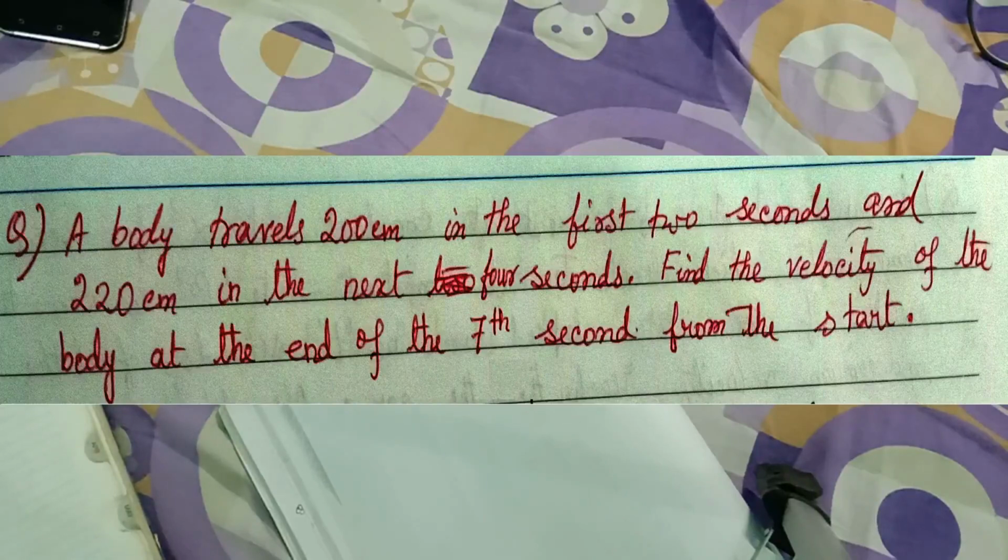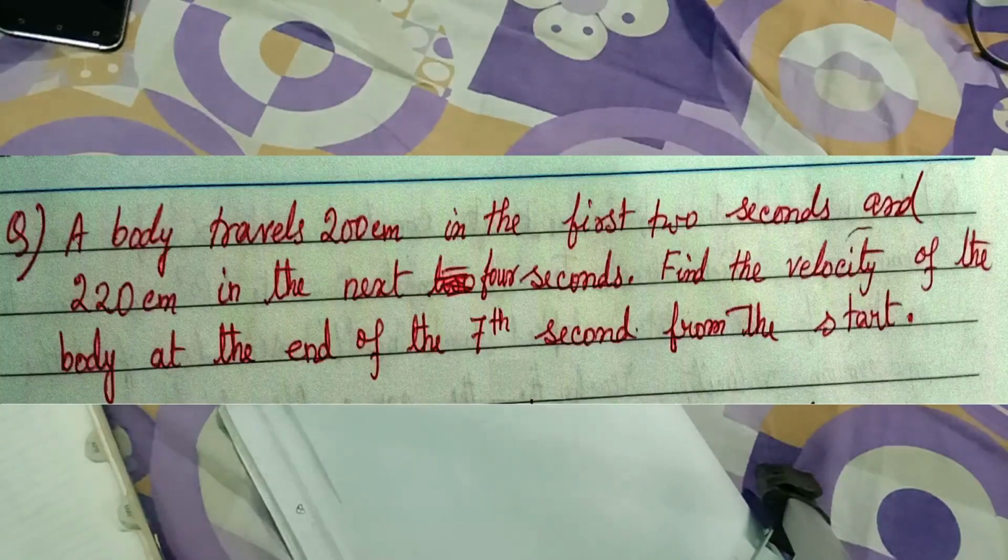Find the velocity of the body at the end of the 7th second from the start. I am repeating the question. A body travels 200 centimeter in the first 2 seconds and 220 centimeter in the next 4 seconds. Find the velocity of the body at the end of the 7th second from the start.